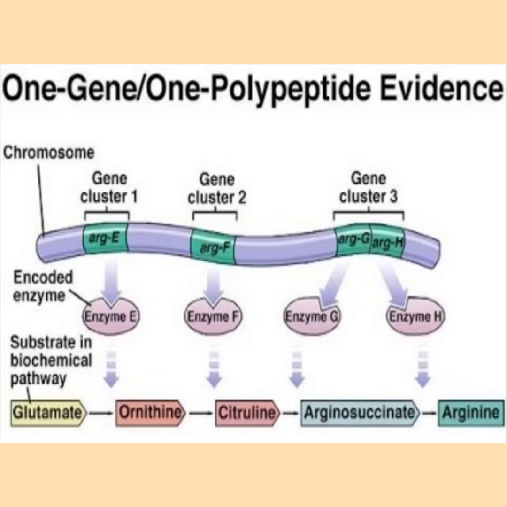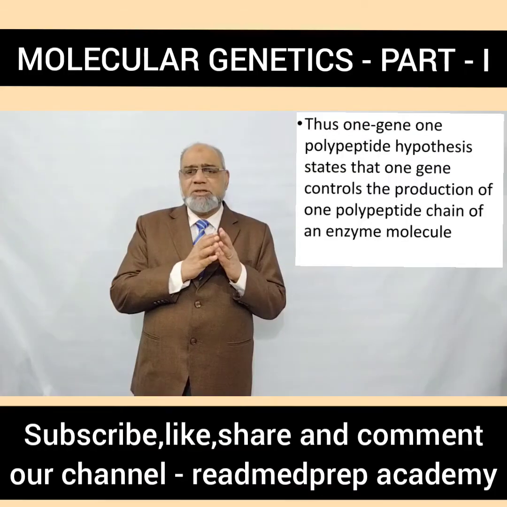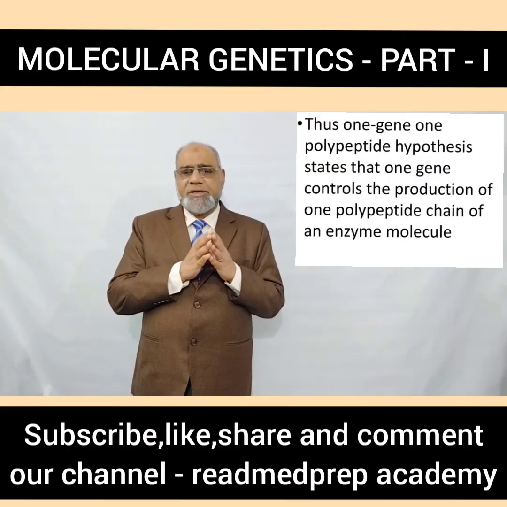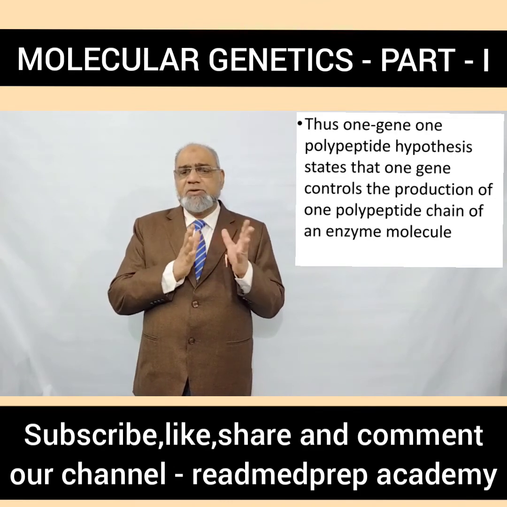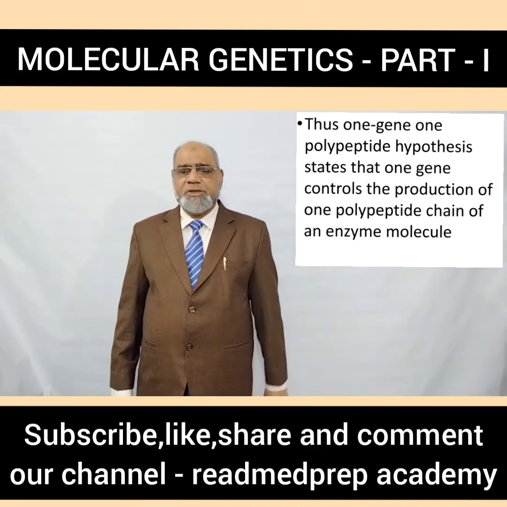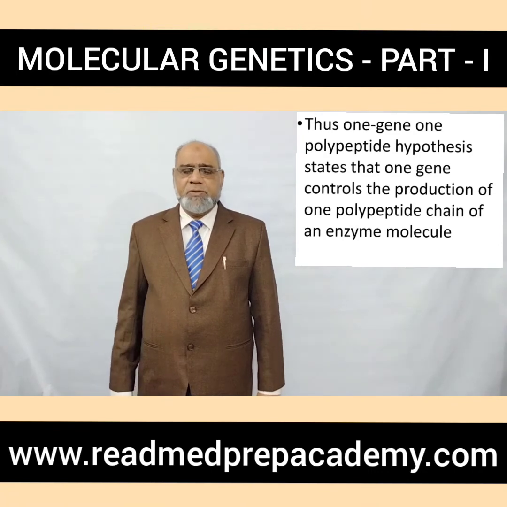So the one gene, one polypeptide evidence shows that each gene is responsible for production of one polypeptide. Thus, the hypothesis states that one gene controls the production of one polypeptide chain of an enzyme molecule.